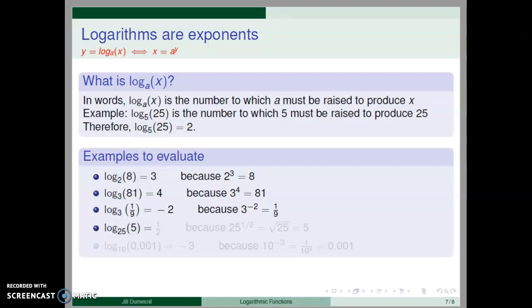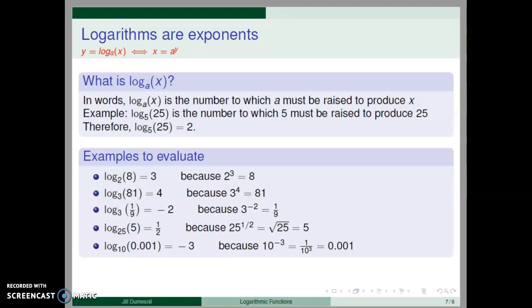Log base 25 of 5 equals 1/2 because 25 to the 1/2 power is the square root of 25, which equals 5. Log base 10 of 1/1000 is negative 3, because 10 to the negative 3 is 1/1000.